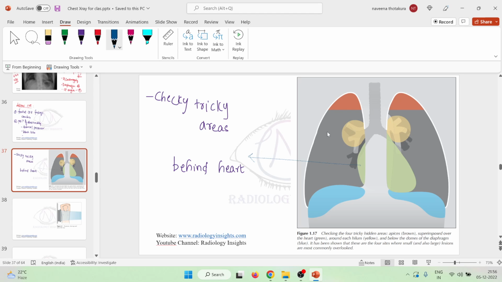Similarly, if there is any opacity, in order to find out whether it is behind the hila or in front of the hila, we should do a lateral chest X-ray. Similarly, to find out whether there is anything behind the domes of the diaphragm, you will have to do a lateral chest X-ray.